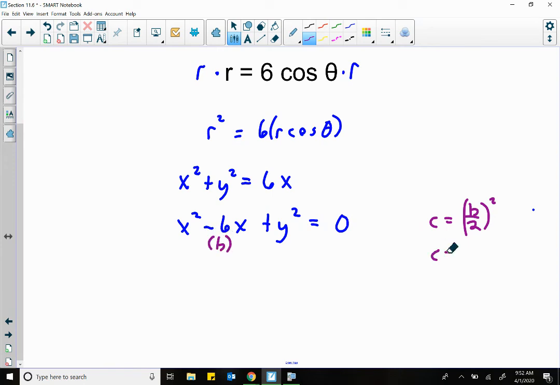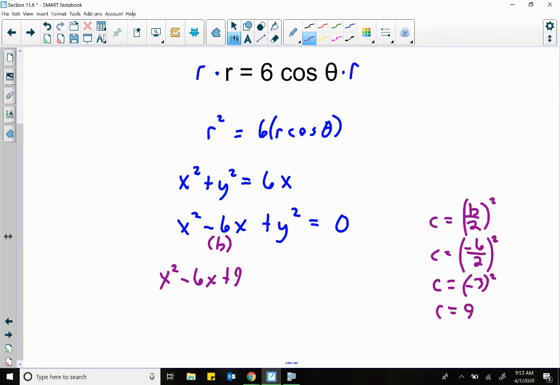So c is equal to -6 divided by 2, and we're going to square that. Well, -6 divided by 2 is -3, and if we square that, we get 9.